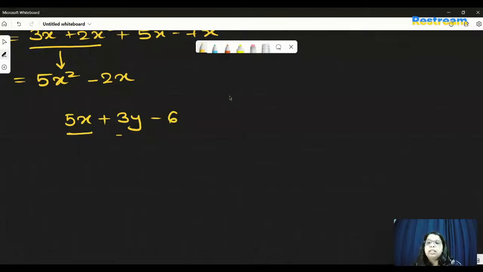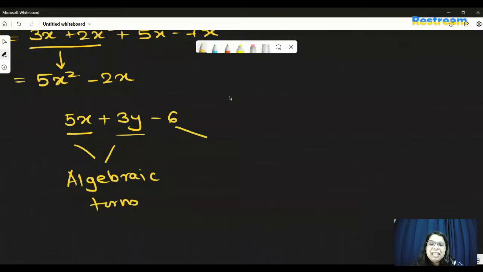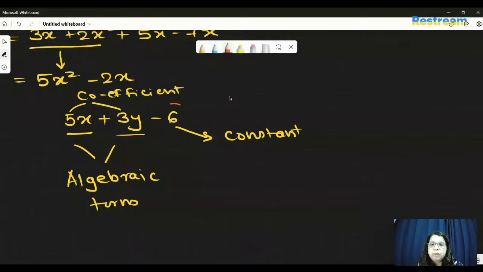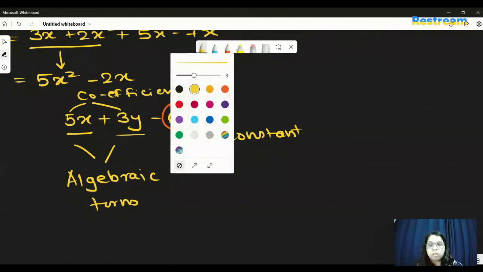So these two are algebraic terms, this is a constant. This is a coefficient, and this is a constant. So what is the difference between a coefficient and a constant?